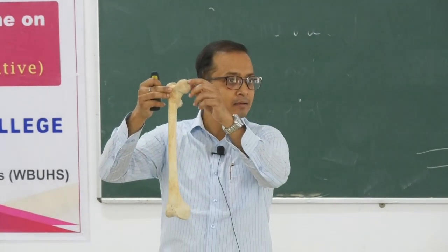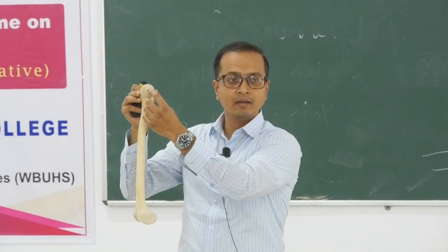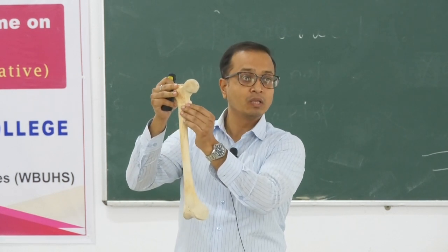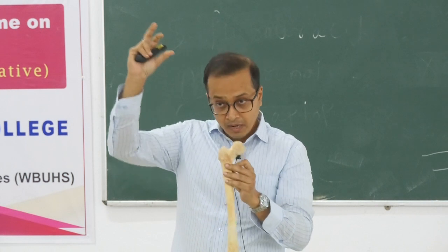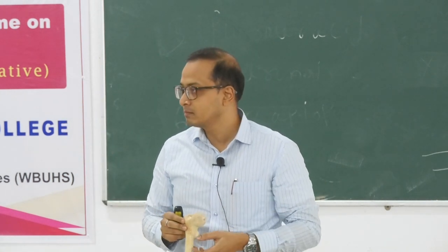So once again, these are the parts: the head, a circular thing which has a depression on it, then the neck, then these bumps, the trochanters. One is big, greater, and one is small, lesser.